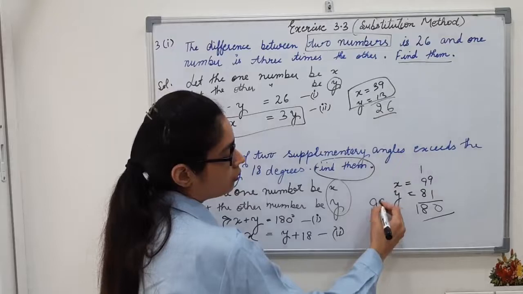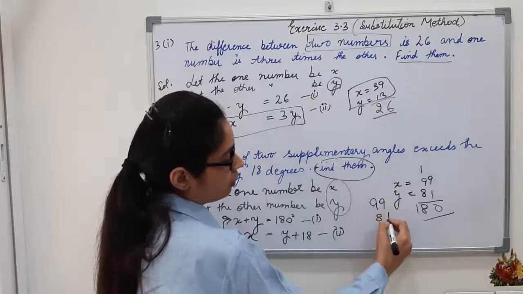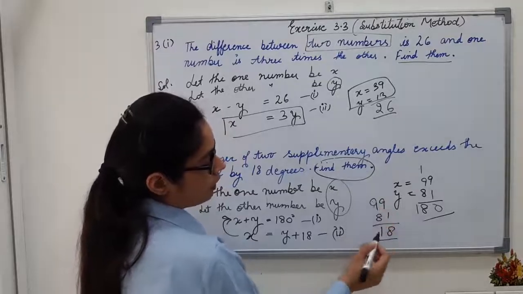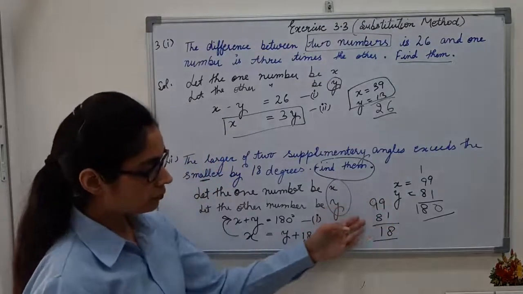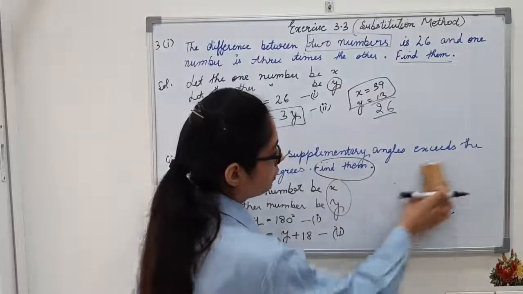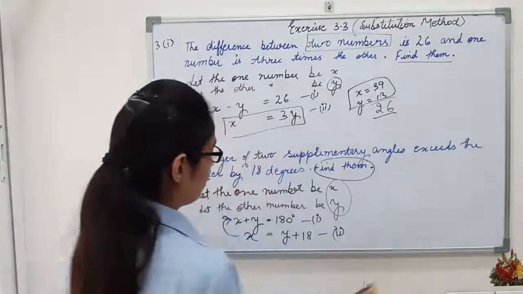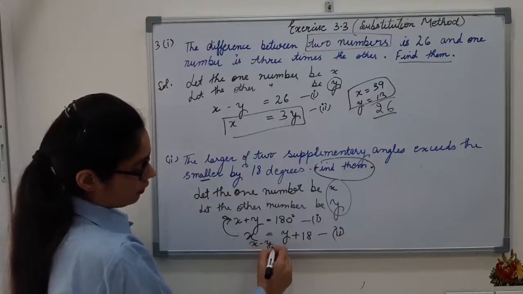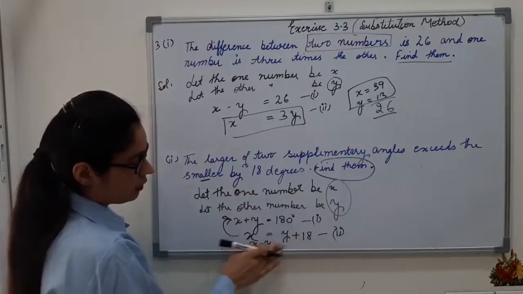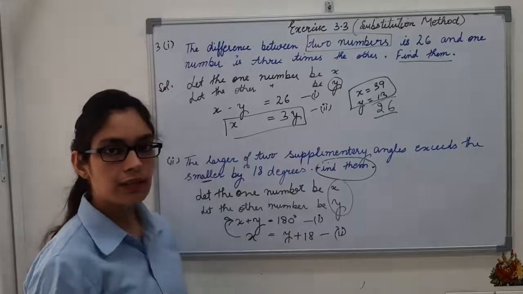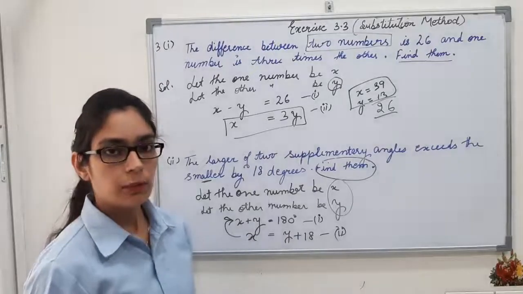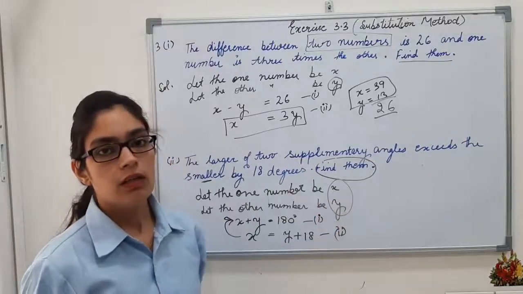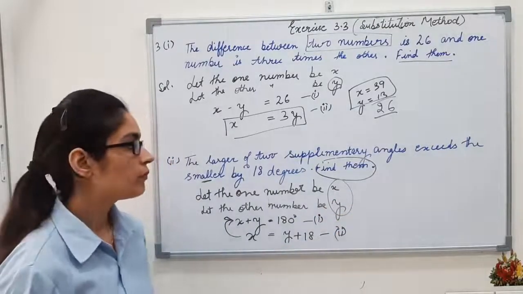You can also do the subtraction part. 99 minus 81, 9 minus 1 is 8, 9 minus 8 is 1. So on subtracting, you are getting 18. If one angle is 18 bigger than the other angle, that means your difference will come as 18. So just try to recheck your solutions after solving it.